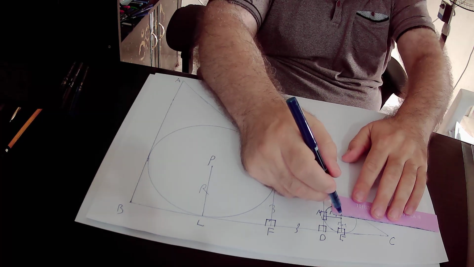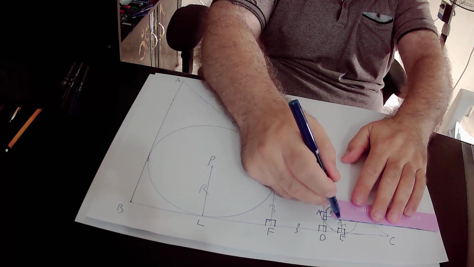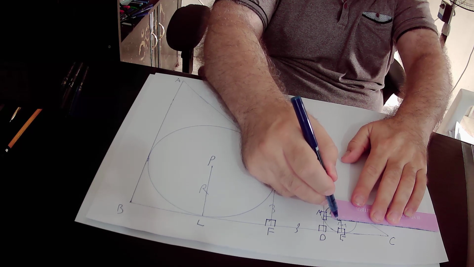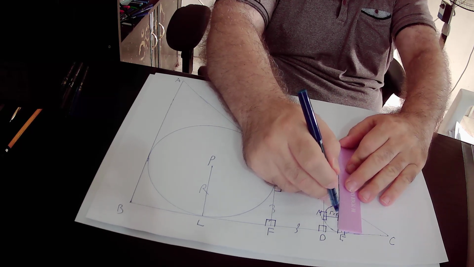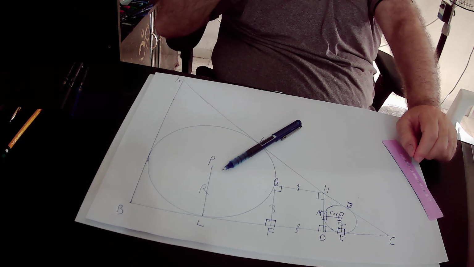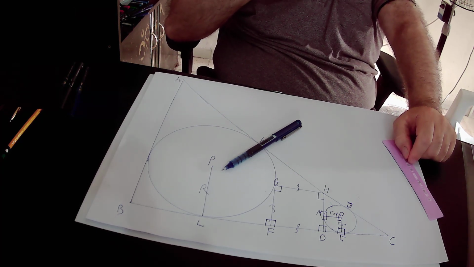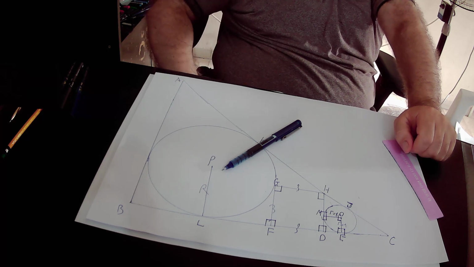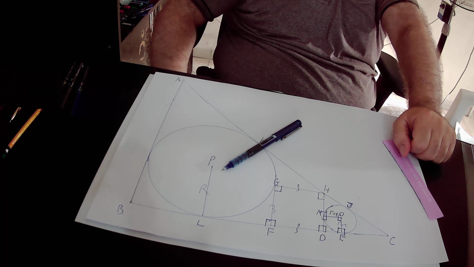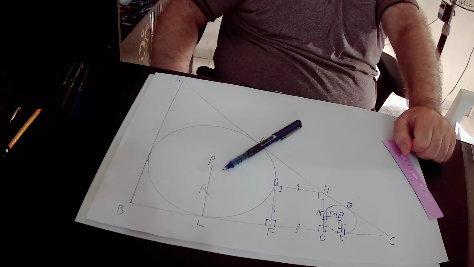Therefore, the fourth angle must also be equal to 90 degrees, according to the rule that the sum of the angles in any quadrilateral is equal to 360 degrees. If we have 3 right angles in a quadrilateral, the fourth angle must be equal to 90 degrees.